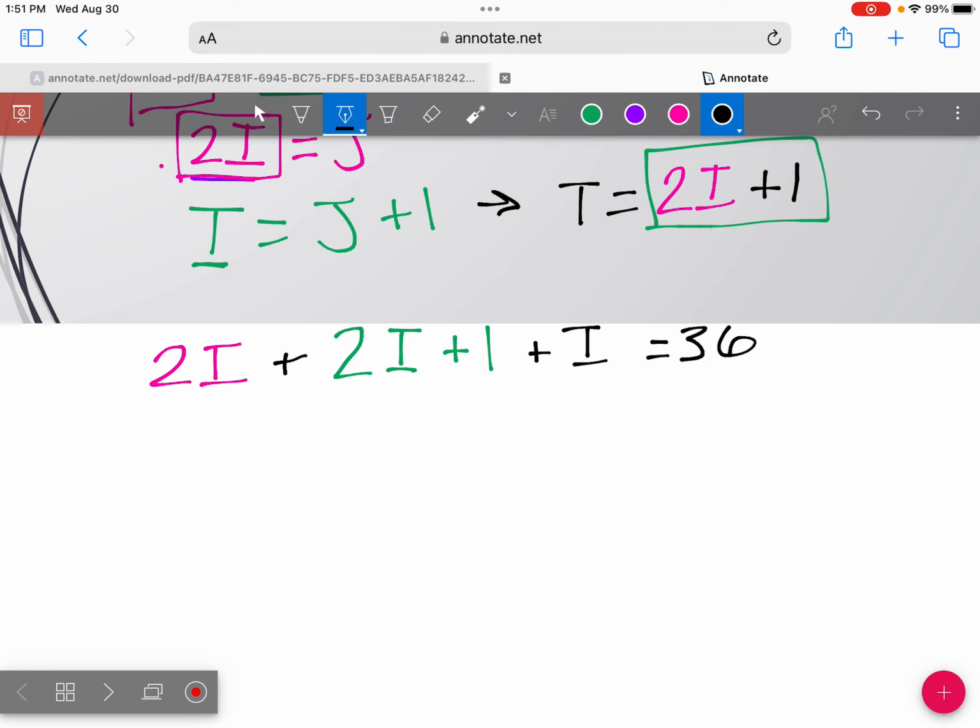So let's keep going with this. What can I do now? Combine like terms. I've got 2I plus 2I plus I, which gives us how many I's? 5I plus 1 equals 36.